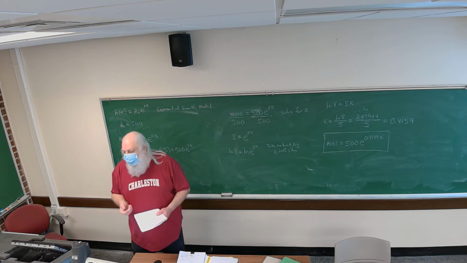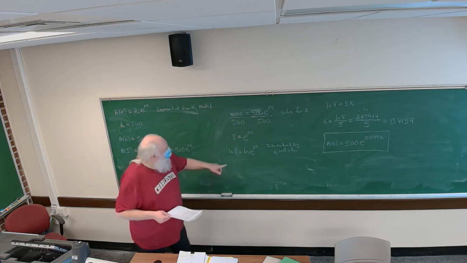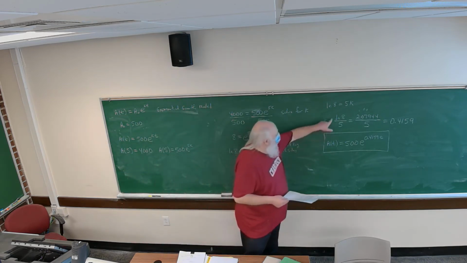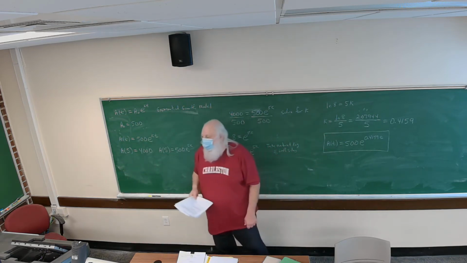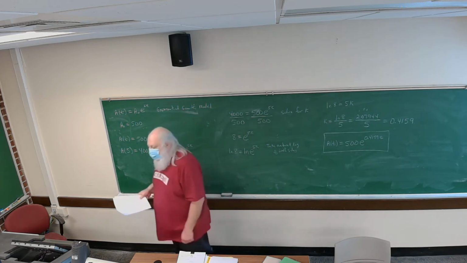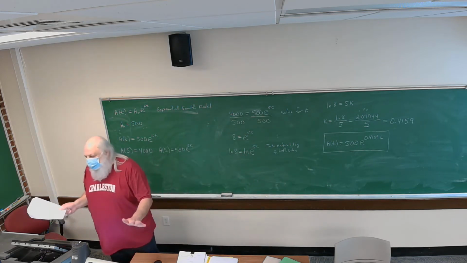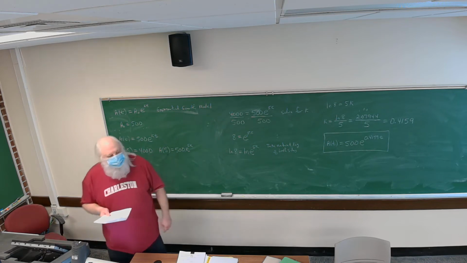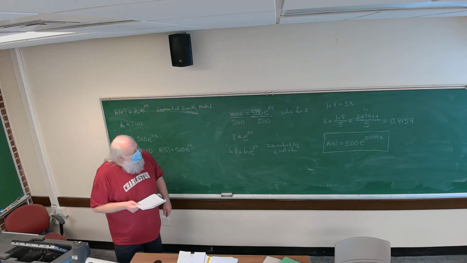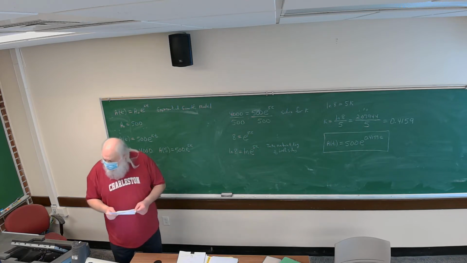The 6th one you have to put natural log 8 over 5 in. So with WebAssign, you never know which one they're going to want. That's a very good question.